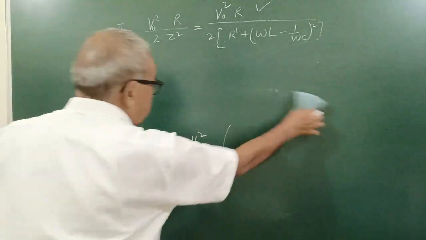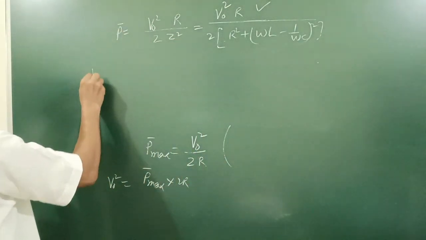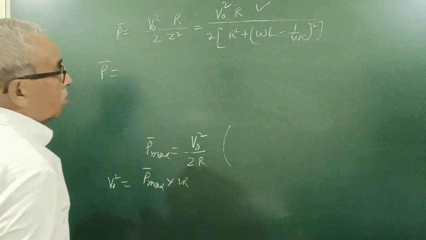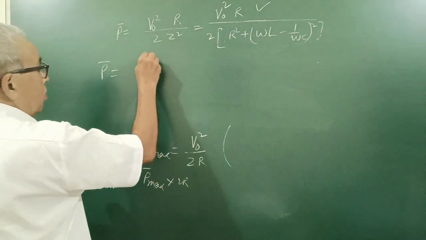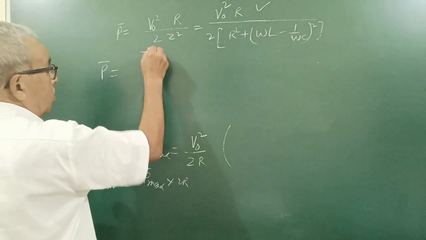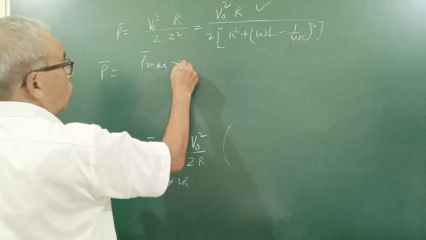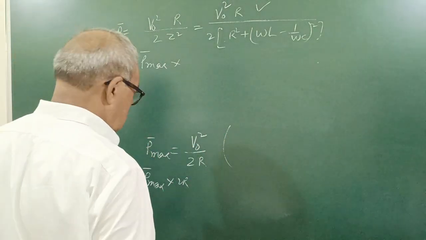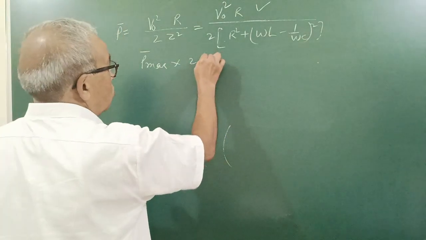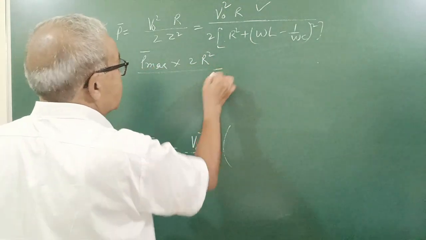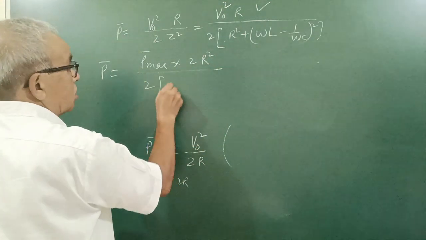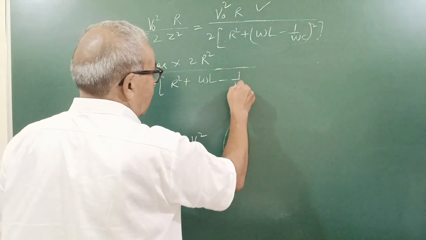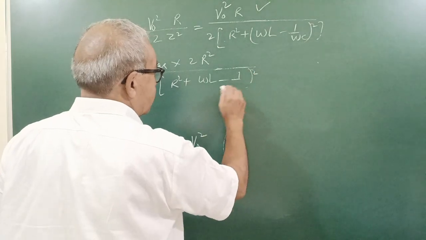We get the average power P bar equal to P bar maximum into 2R square upon 2 times R square plus (omega L minus 1 upon omega C) whole square.